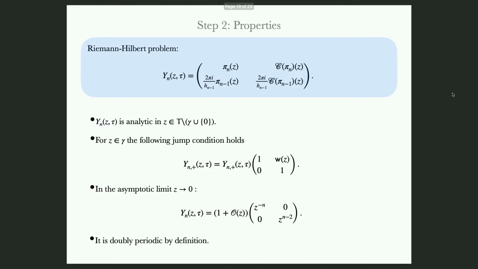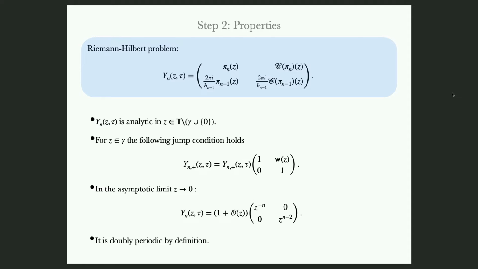Okay. Now to the main thing, which is the Riemann-Hilbert problem. Much like in the case of this slide, it looks almost like what you might expect on the usual complex plane. The only difference you might say is the asymptotic limit, which looks very different. So in other words, in the complex plane, you have z to the minus n and z to the n, but now you have a minus 2.